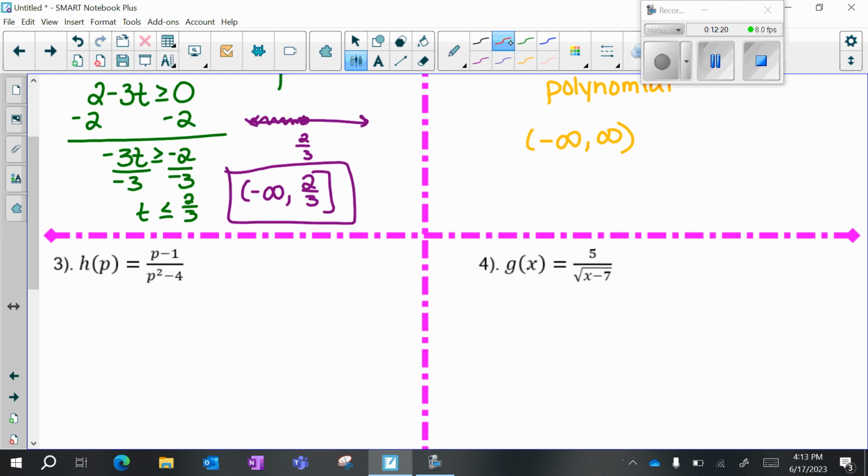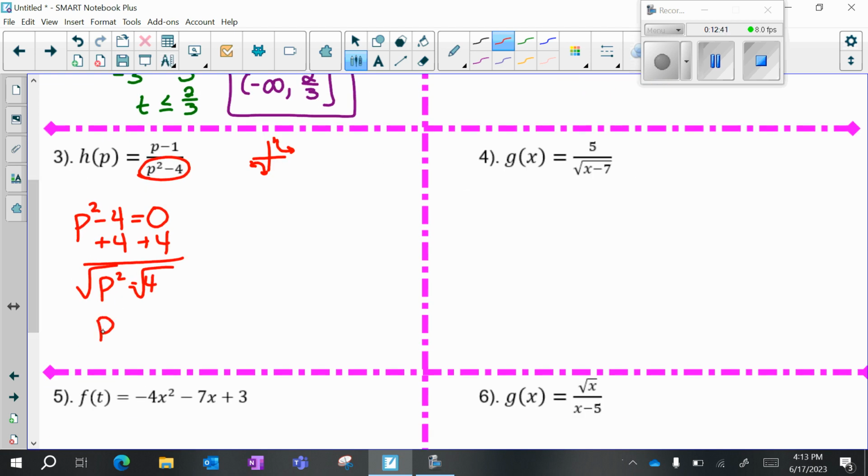Number 3 is a rational function. If you need to remind yourself of my parent function, it looks like this. You're going to take your denominator, p squared minus 4, and set it equal to 0 to solve. So I'm going to add 4 to both sides. You could, of course, factor as well if you want. Square root both sides, so p is equal to plus and minus 2. So that means my domain, I'm going to write it out in words first, is all real numbers except 2 and negative 2.